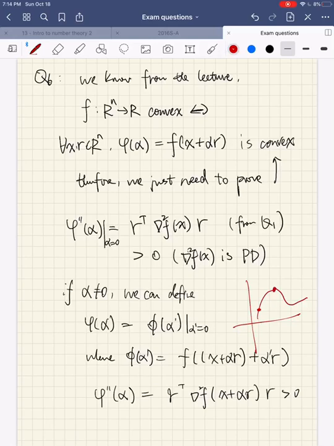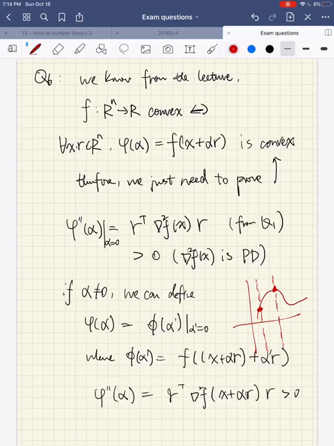Your function is just going to be a shift, but the value is the same. So for example, let's say if this is the 0 point of the line that starts over here, then we can simply define another line that the 0 starts from here. And the only difference is the x is different.